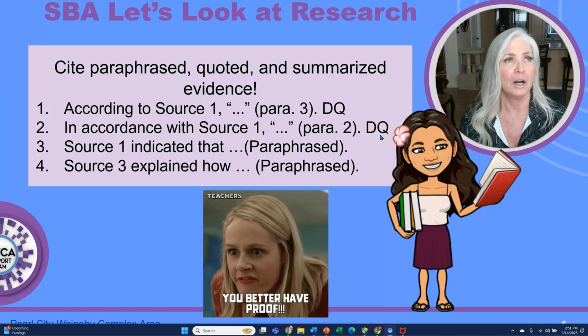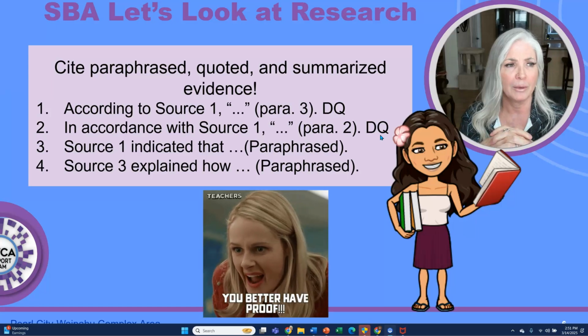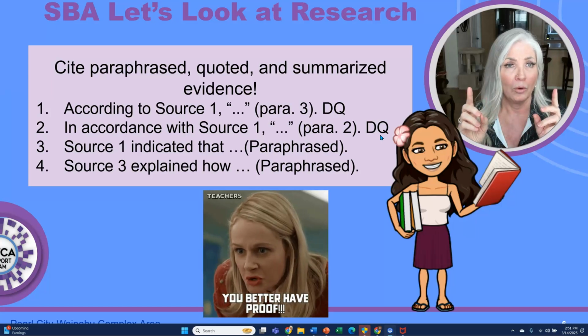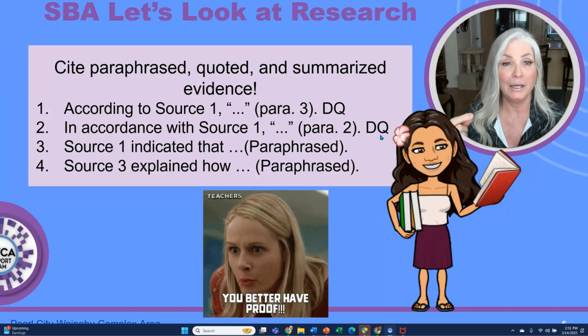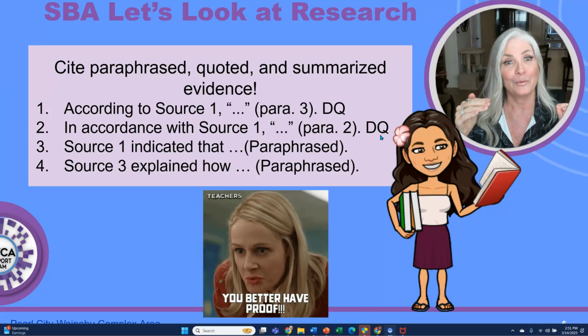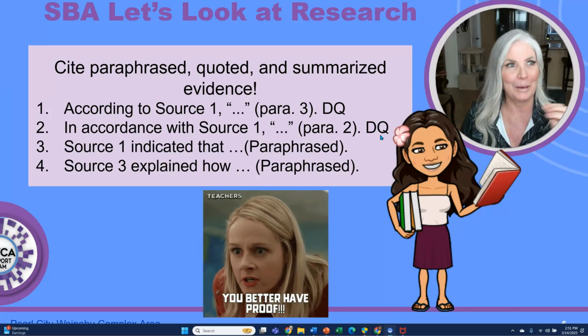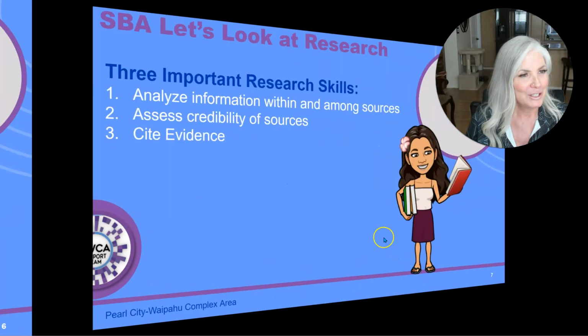And we don't just explain it, we explain how it connects back to the thesis. So we're really talking about explaining back to why cell phones should be banned. And we keep repeating that over and over again so that that's how we keep our focus throughout the whole paper. Okay, so great job on understanding how to do that.